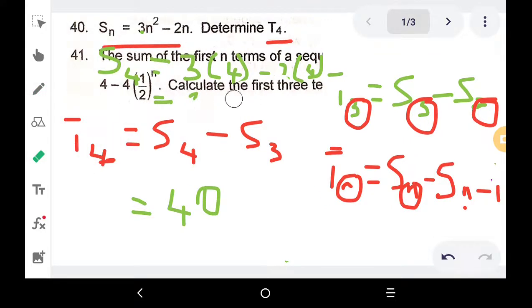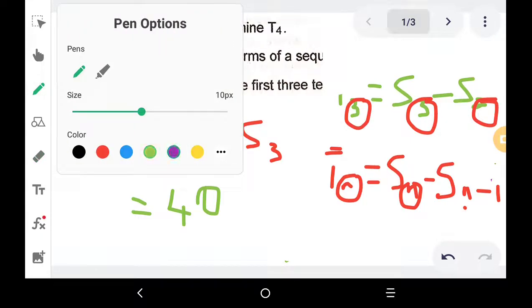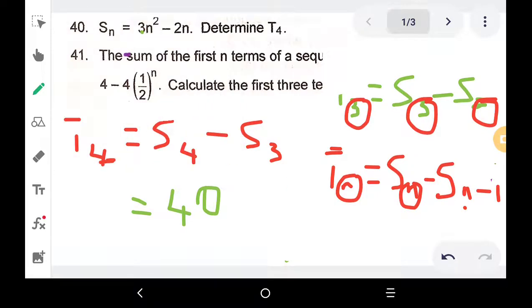Now we're going to try to get our S3. What does that mean? Everywhere we see n, we are going to have 3 minus 2 multiplied by 3.